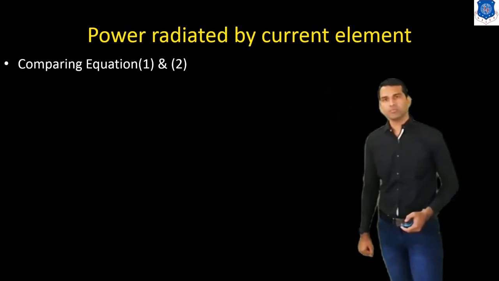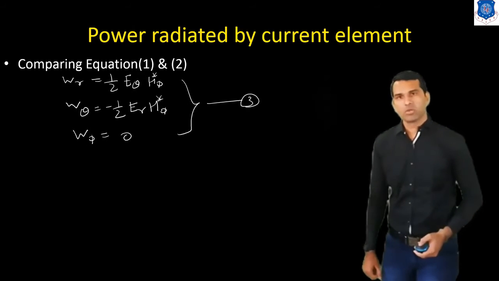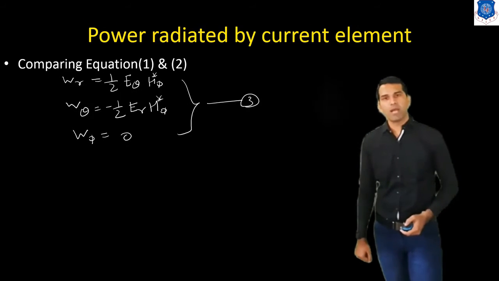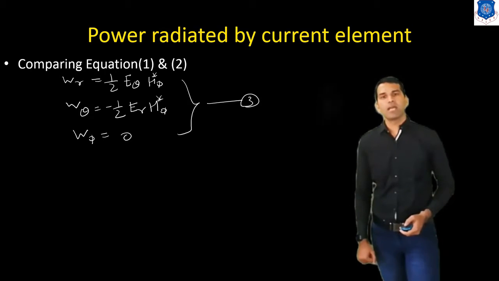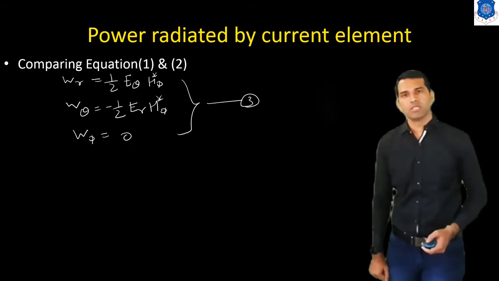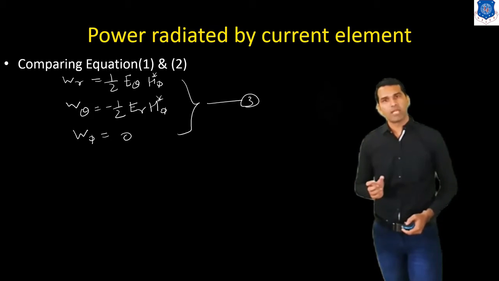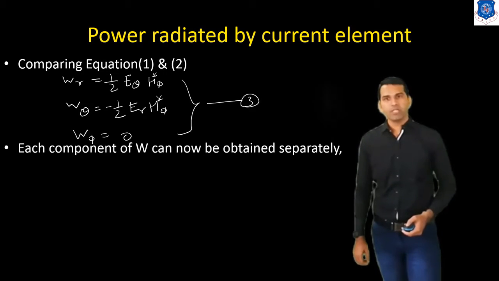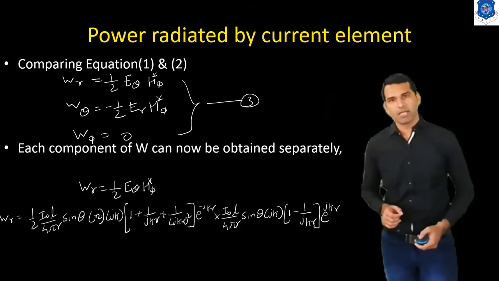Comparing equation number 1 and equation number 2, we get W_R is equal to 1 by 2 E theta H phi star, W theta is equal to minus 1 by 2 E_R H phi star, and W phi is equal to 0. Each component of W can now be obtained separately.